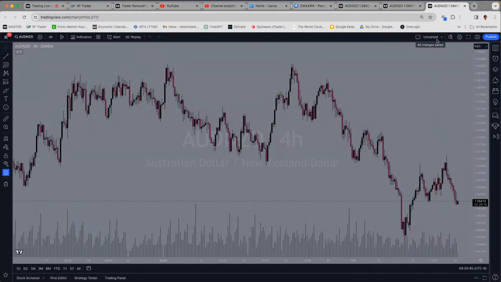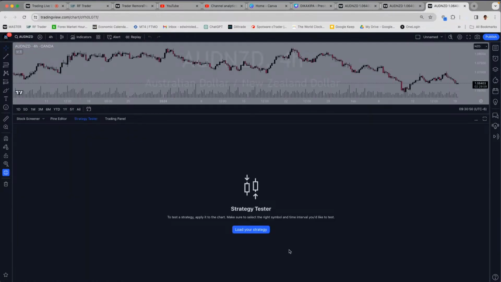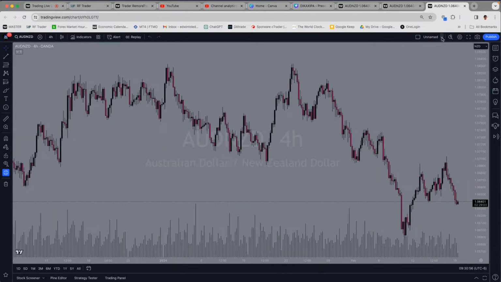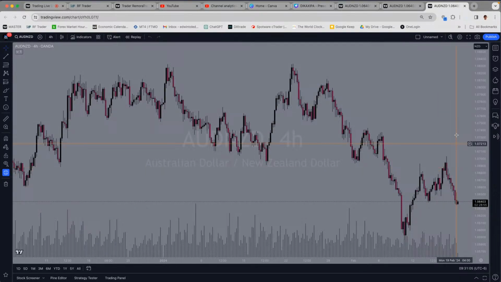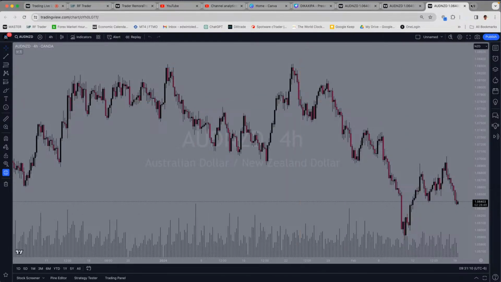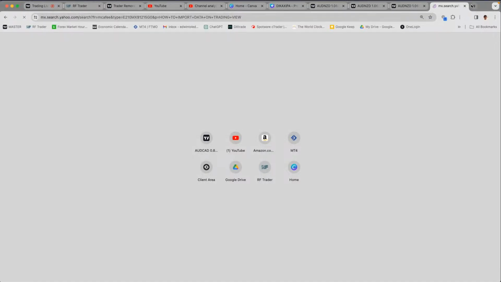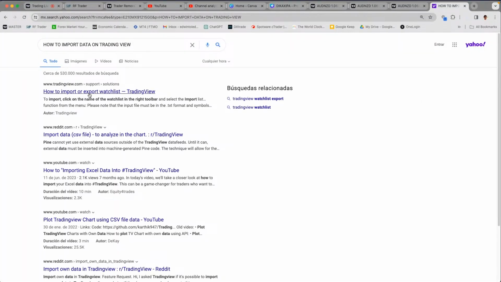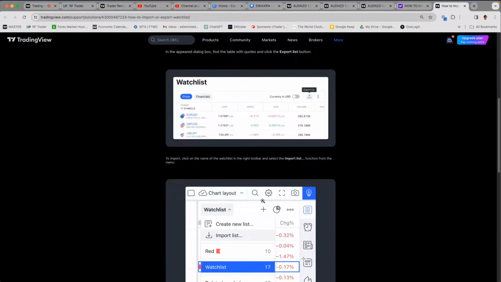Is there a way to import data? I don't know how to import anything, but it would be nice. It's only export and load, but if I load, it's just the saved ones. Come on. I wanna import it. I don't wanna export it.